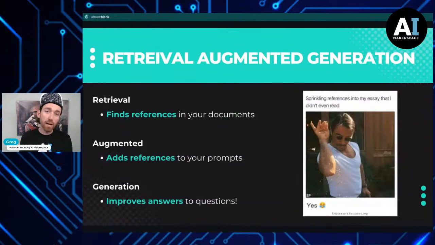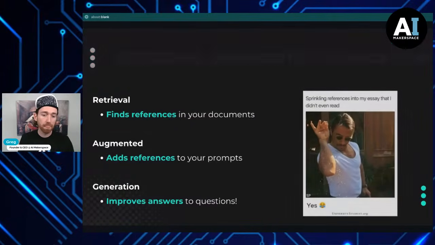Augmentation of the prompt is all about adding references to the prompt before it goes into an LLM. And if you do retrieval right and you add it to the prompt, you can improve your answers and you can ground them in your own documents. You can make them fact checkable and you can basically get better outputs.